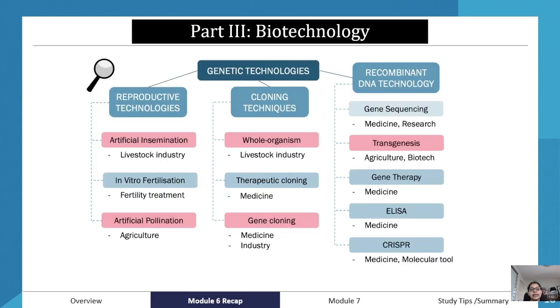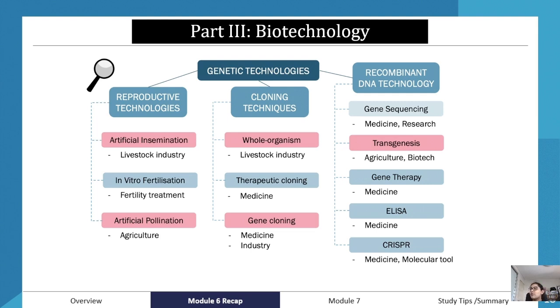So here are the three different types of genetic technologies that we will be looking at in this module. You will see that in the syllabus some of them are specified, so the ones that I've highlighted in pink there for you are the ones that are specified in the syllabus, but of course you still want to know examples of the others as well.